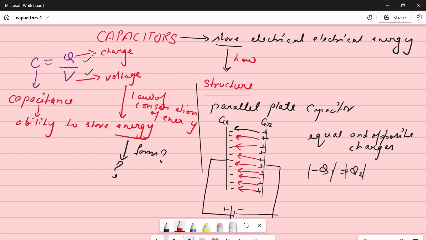Okay, so this is the electric field that has got created between the two plates because of the equal and opposite charges. Now, let us understand a little more about the electric field before we understand the energy storage.